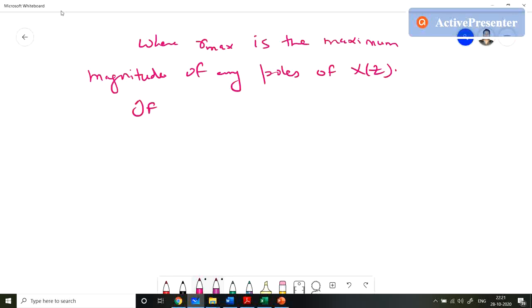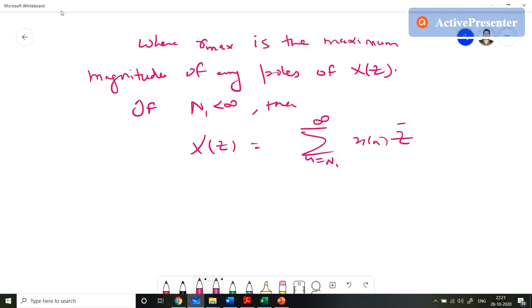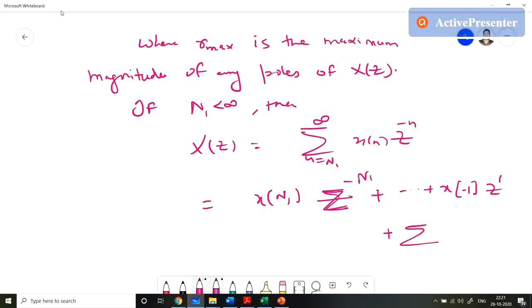So if n1 is less than infinity, then we can write X(z) as the summation from n equals n1 to infinity of x[n] z raised to the power minus n, which is equal to x[n1] z raised to the power minus n1 plus dot dot dot plus x[-1] z raised to the power 1 plus the summation from n equals 0 to infinity of x[n] z raised to the power minus n.